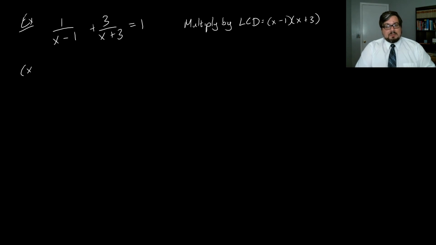Now, when we multiply both sides, we really wind up just multiplying this denominator by every term. So we'll go ahead and jump straight to that step in the process. So we multiply (x minus 1) times (x plus 3) on both sides of the equation.